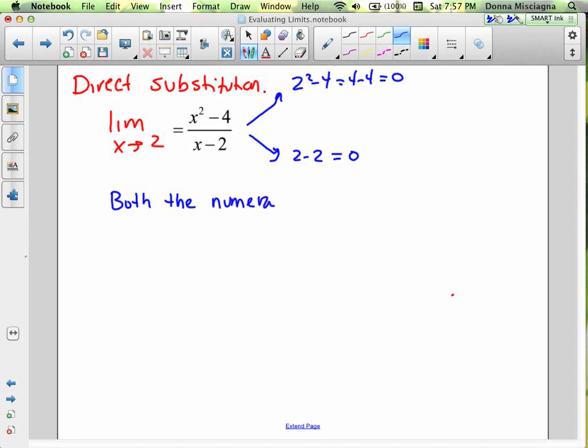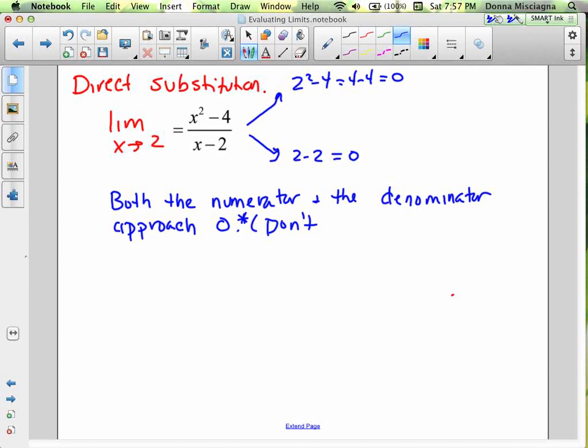So both the numerator and the denominator approach 0. Now here's something very, very important for the AP test. In the past, it had been fine to write 0 equals 0, and then we realized, oh, we have to do something else.